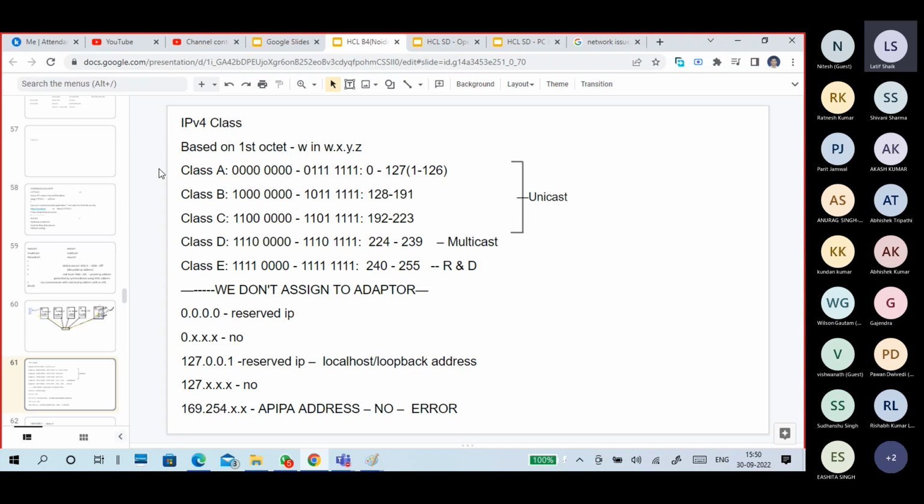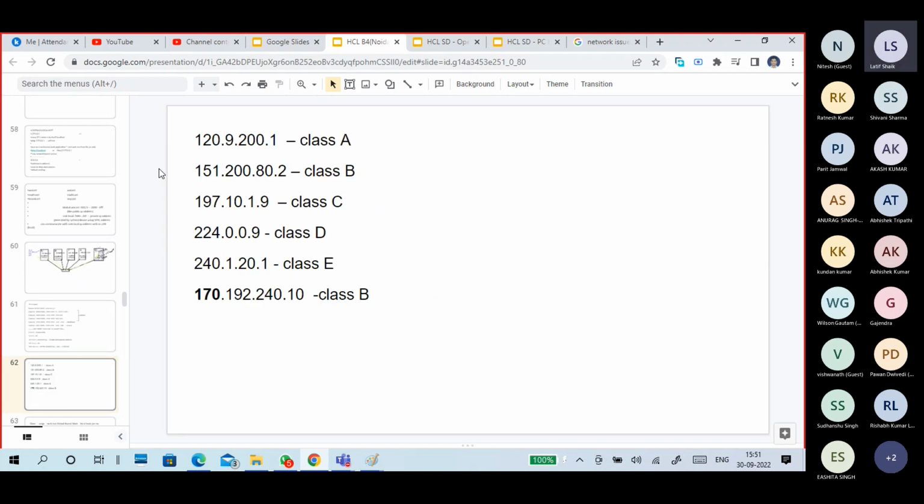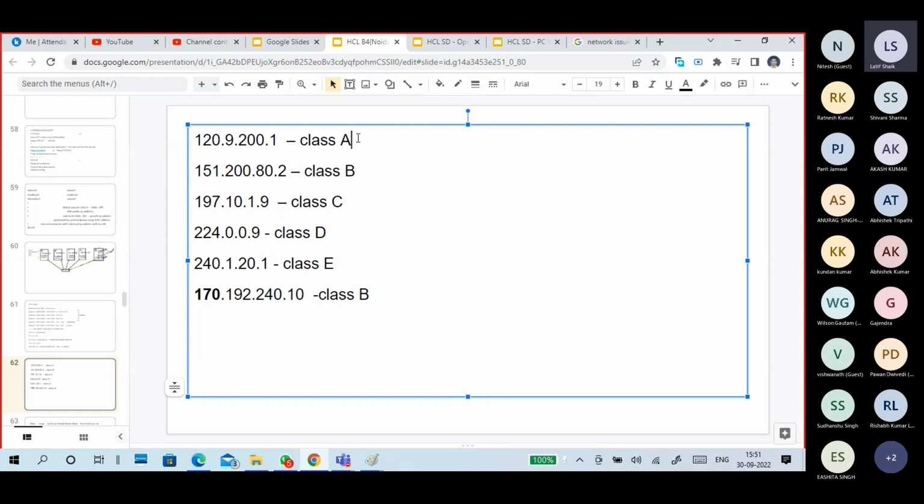Class A, class B, and class C are unicast IP addresses. Class D is a multicast address, meaning it will send a message to multiple hosts. Class E is for R&D. You can remove the classes and identify which class it is.